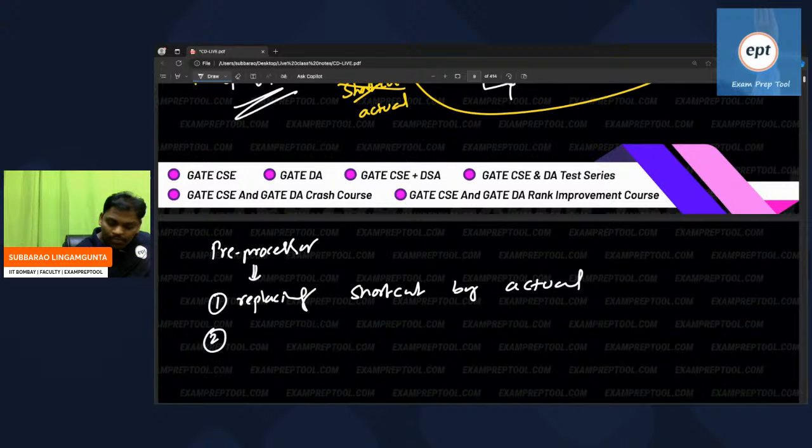And one more thing, the preprocessor doesn't do any calculation. It doesn't do any calculation. Simply substituting, simply replacing.